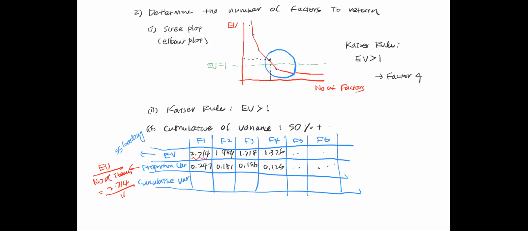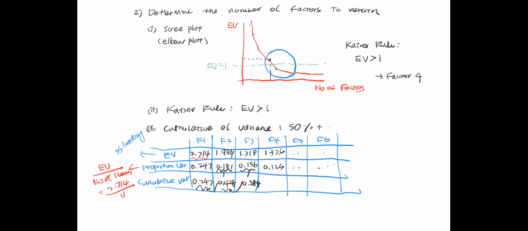For the cumulative variance, this one is 0.247. If you add this number and this number, that's the cumulative variance for factor 2, which is 0.428. If you add the next number, you will get 0.584, the cumulative variance up to factor 3.